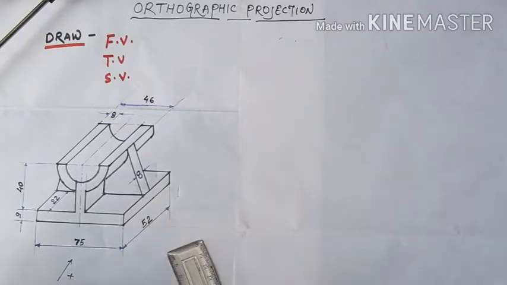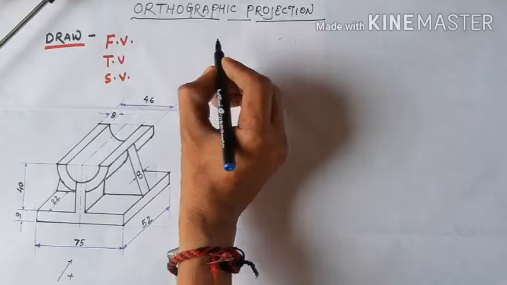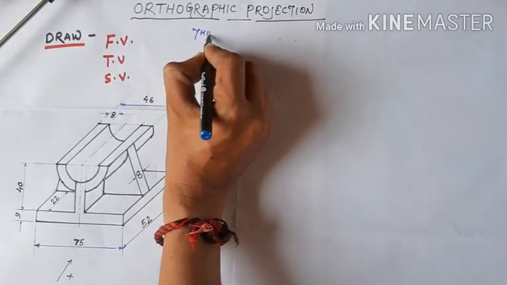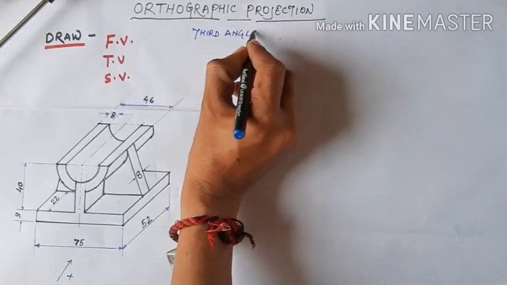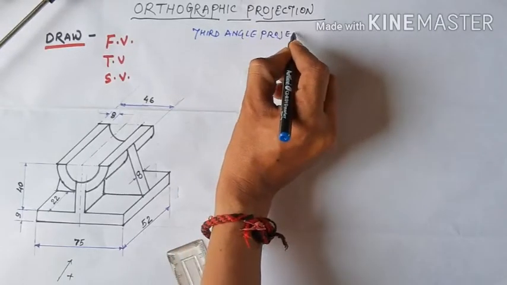We have a different problem. You are clearly seeing this object, and this shows the x direction. For the x direction, this is your front view. Remember, this is your front view, and we are using the third angle projection method here.